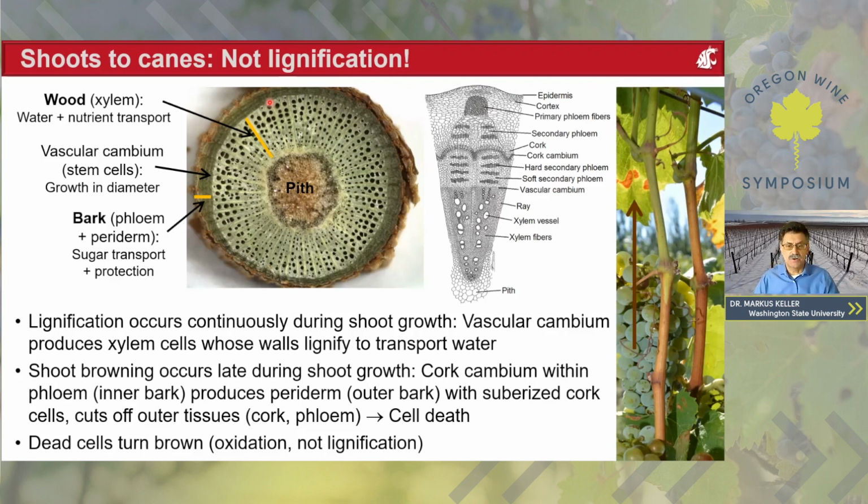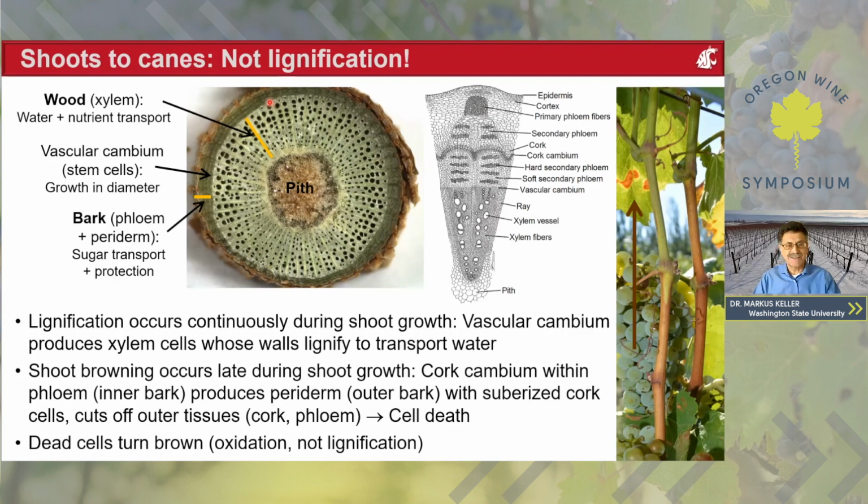As the shoot grows, during the entire growing season, that cambium produces xylem cells, and those xylem cells have to be lignified. Their cell walls have to be reinforced like steel reinforced concrete, in order for those cells to withstand the negative pressure that occurs in the xylem, so that those cells can transport water after they die.